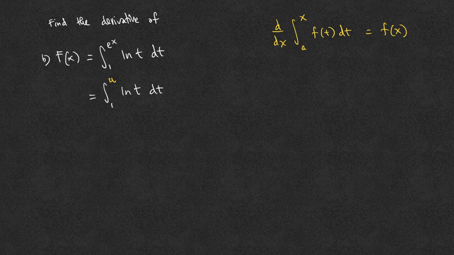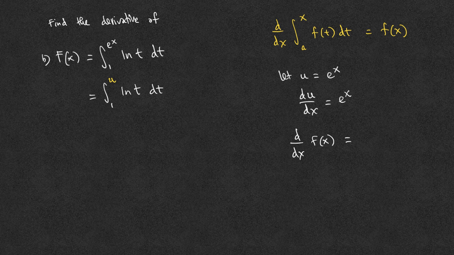We did a u substitution here where we let u be e to the x. du with respect to x is therefore e to the x. We want to take the derivative of f of x with respect to x, but we can't do that using the fundamental theorem of calculus because this is x, but this is not a single variable x.